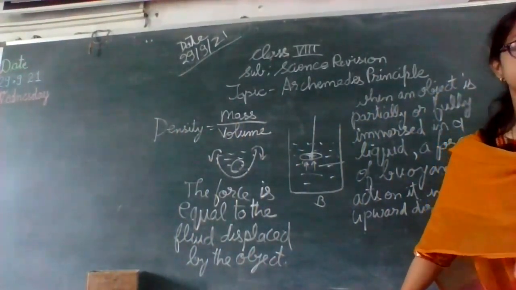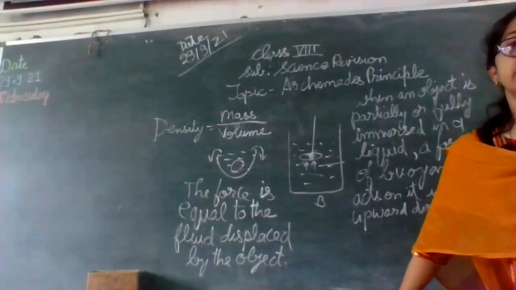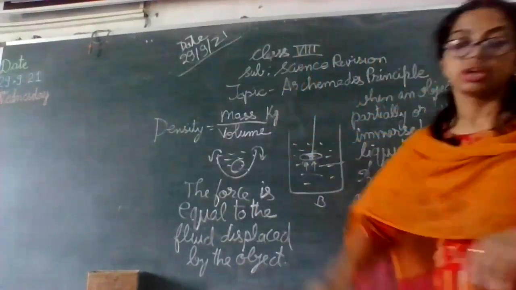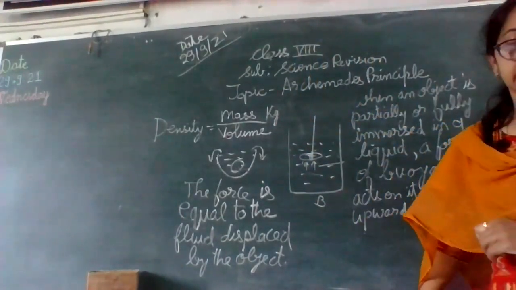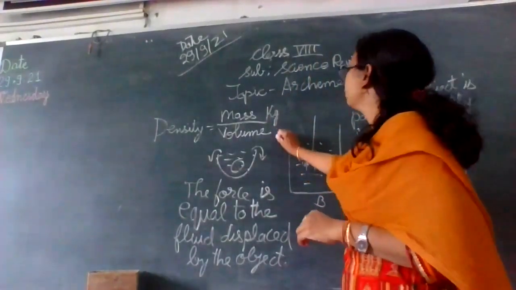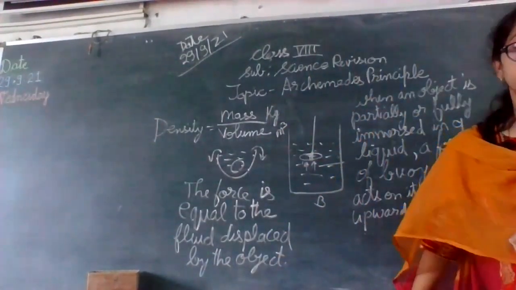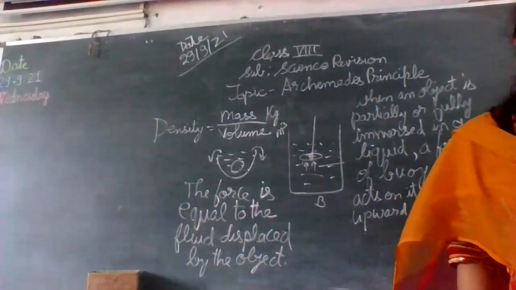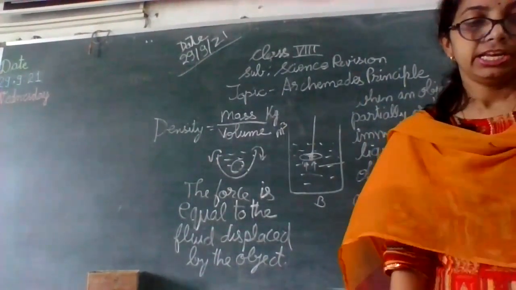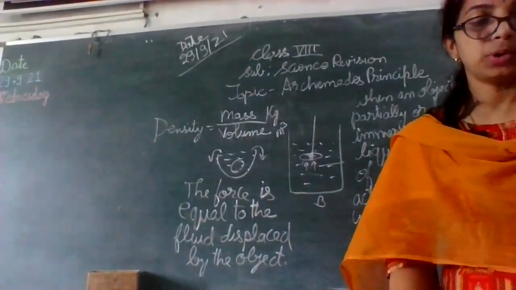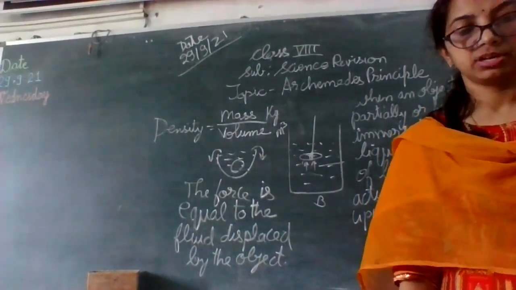Now the SI unit of density is kg per meter cube, because volume has the unit meter cube. The property density is very useful in deciding the purity of any substance.